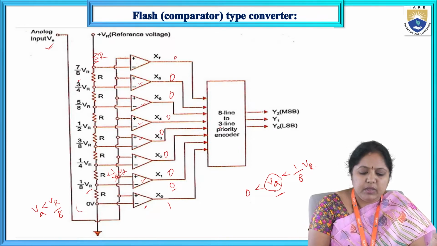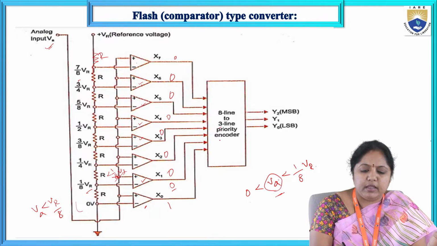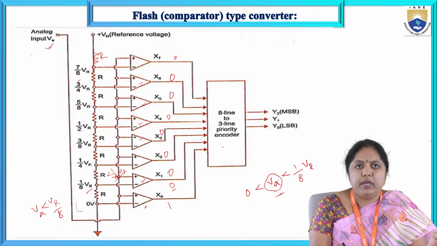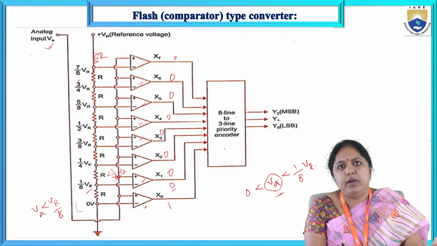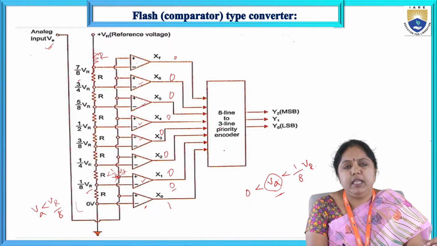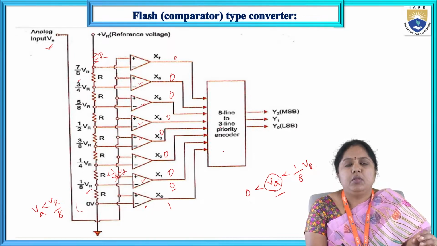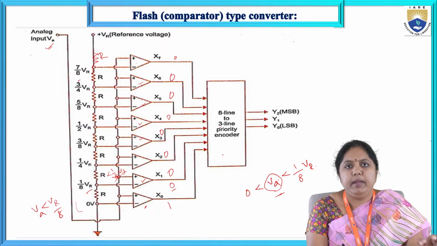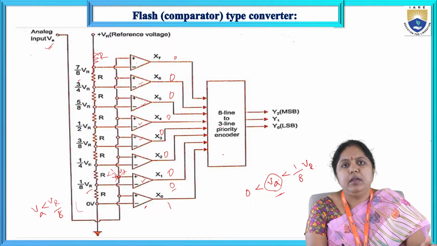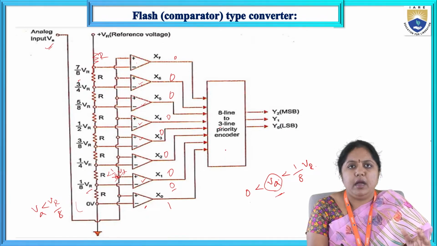Right? The outputs of the comparators are going as the input for the 8x3 priority encoder. What is the purpose of the priority encoder? The priority encoder will give the first priority to the MSB bit. Whatever the MSB bit value is, based on that it will encode and generate the corresponding equivalent binary output.